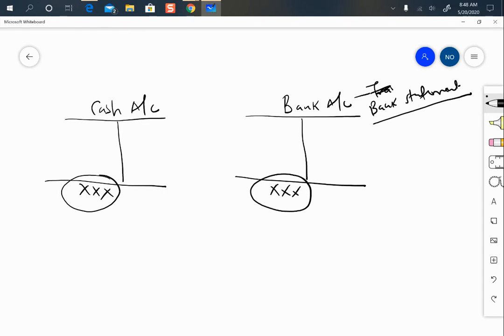But the truth is, at the end of the month, if you try to match what you've been recording and what the bank has been recording, as reflected through the bank statement you receive from your bank, you'll find that these amounts are not matching.